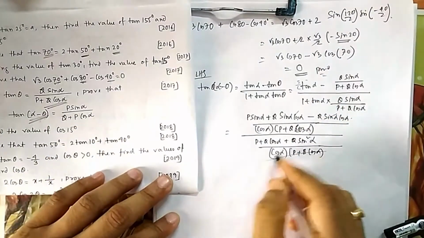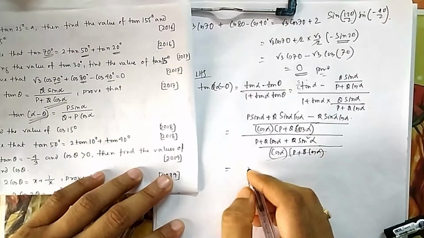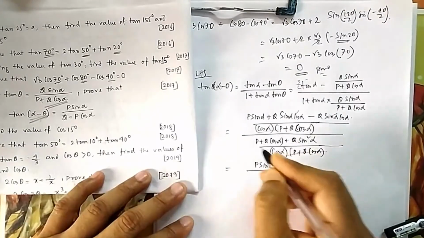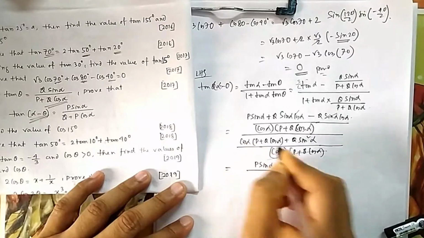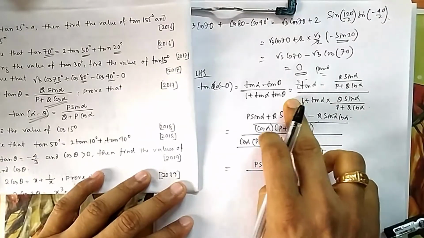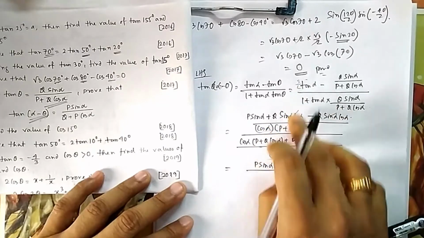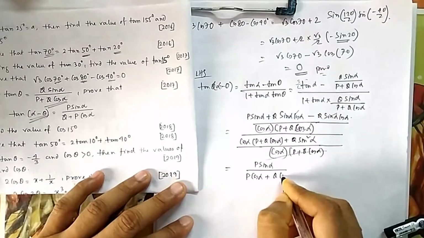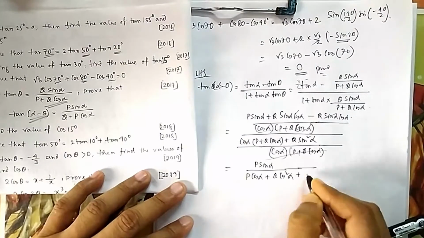Ultimately these and these will get cancelled. You are left with p sin alpha divided by cos alpha, which is also there because the LCM is this one. If you write for 1, then everything will come up. Ultimately it will be p cos alpha plus q cos square alpha plus q sin square alpha.